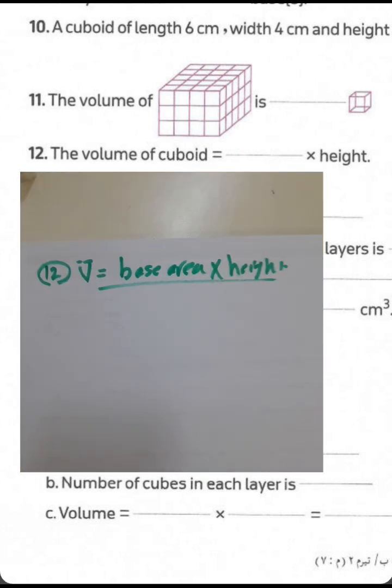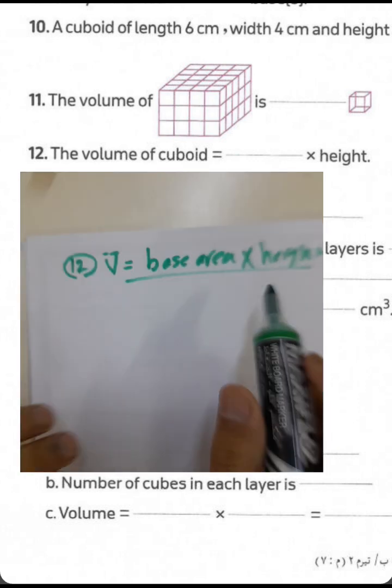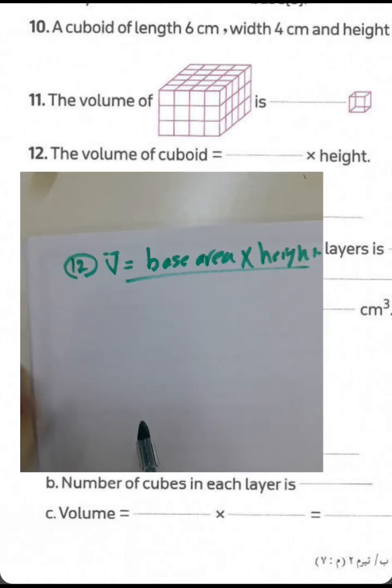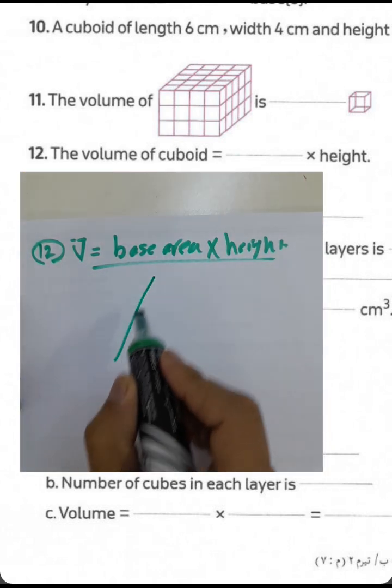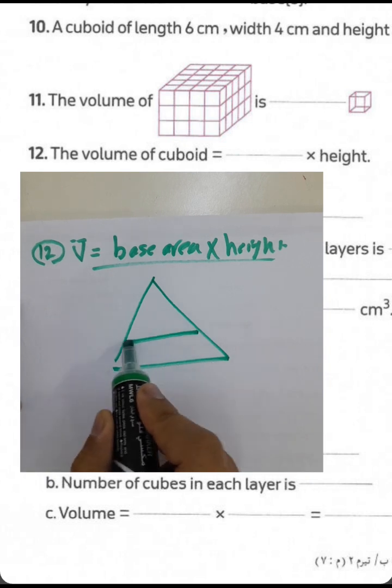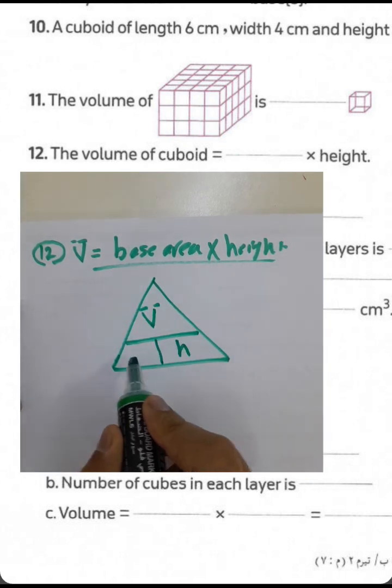Base area times what? Times the height. And if you want to find the height, it equals volume divided by base area. If you want to find base area, it equals volume divided by height. And then you can draw this triangle, right, with volume at the top, and height and base area at the bottom.